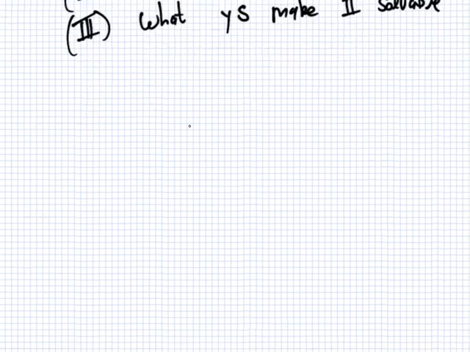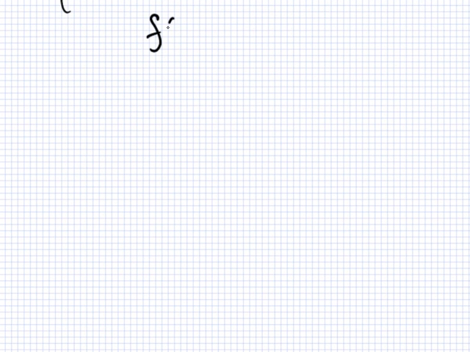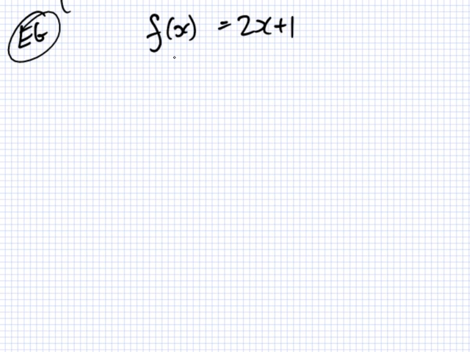Okay, so let's take this function for example, 2x plus 1. What's the domain? Any real number. And the range is also any real number, but I want to show you the method to get that answer, okay? So step 1 is replace this with y.